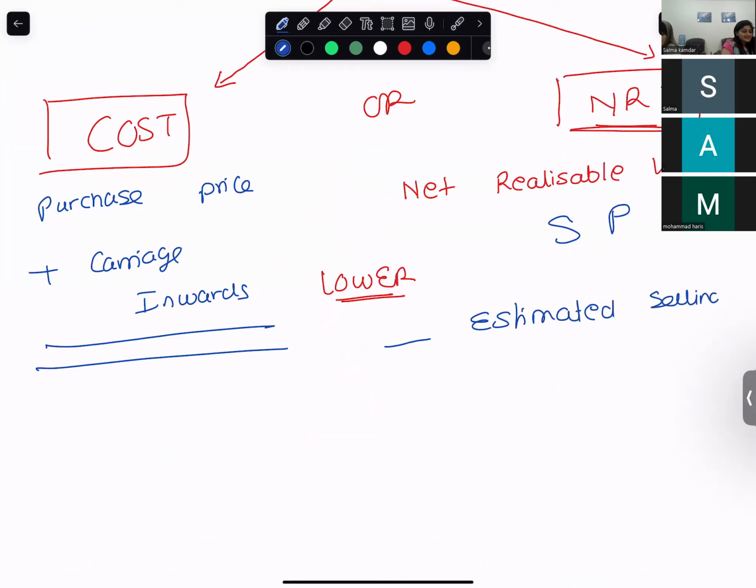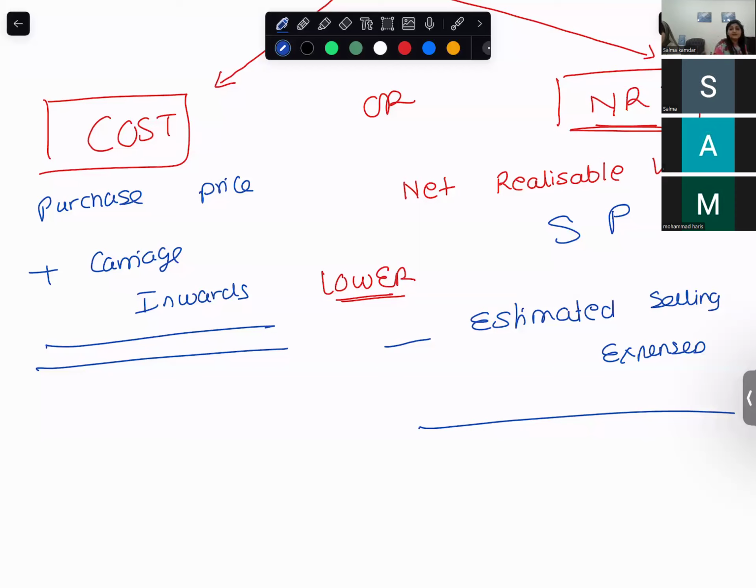Why does the NRV come into the picture? Sometimes when you're putting your goods in the godown, your inventory can get damaged. When this gets damaged, you are unable to sell it at the normal price. It is possible that you will not even recover your cost.